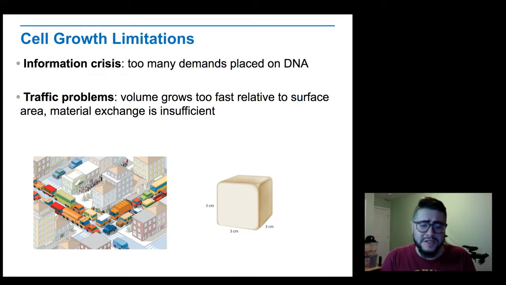All these people congested in one area, and there's not a lot of ways in and out of that city. The cell works the same way. If the cell is too large, the surface area isn't big enough to support bringing in enough materials for that cell, right? Because one of the main points of the cell membrane is to bring materials into and out of the cell.